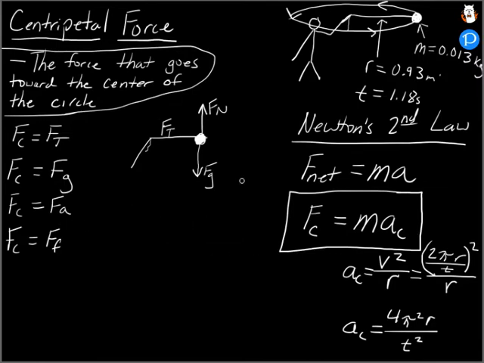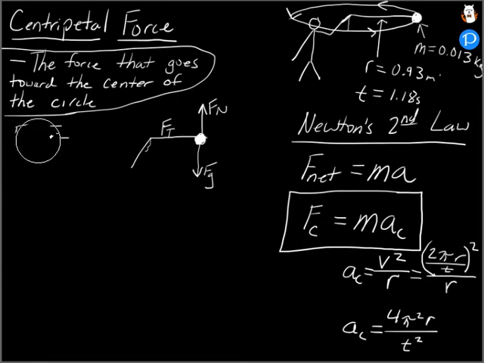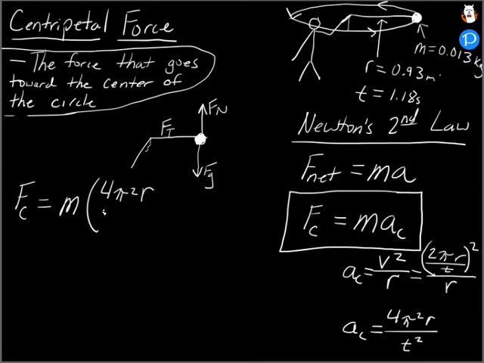I'm going to give myself a little more room because I'm probably going to run out of room here, so I'm going to erase this. Okay. So the centripetal force is equal to mass times our acceleration, which is 4 pi squared r over t squared.